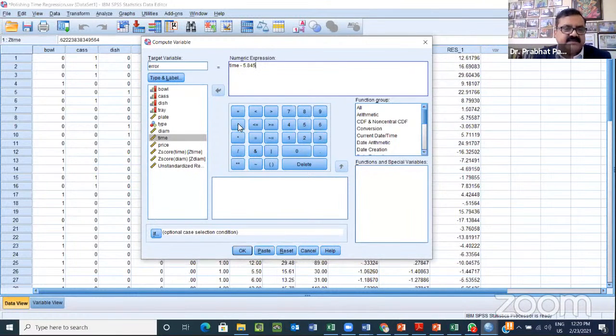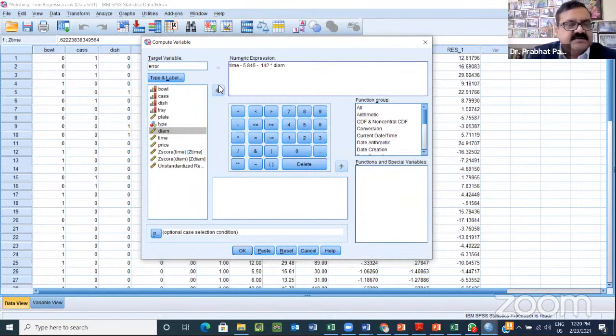And then again minus 0.142 diameter. So we have to take this multiplication, and I'm carrying the diameter over here. So you can see the argument I have created for the calculation.